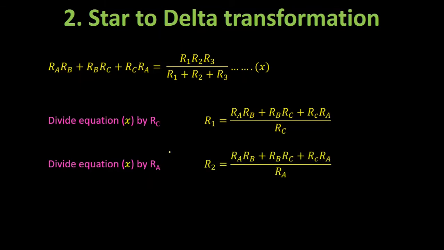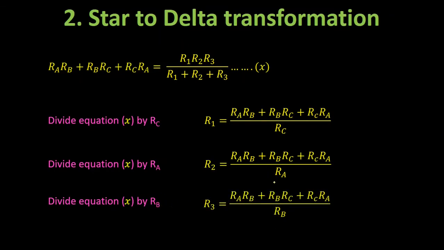Then we get R2's value, R2 is equal to RA RB plus RB RC plus RC RA whole divided by RA. Then we divide equation number X by RB equation. So we get R3 is equal to RA RB plus RB RC plus RC RA whole divided by RB.